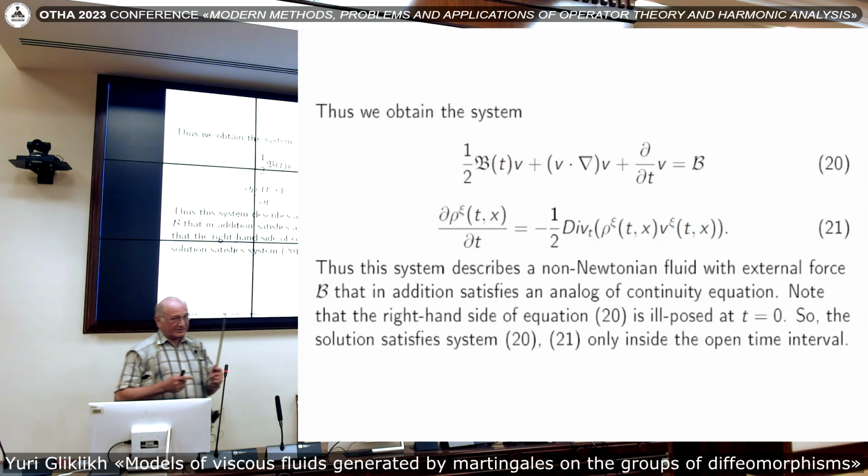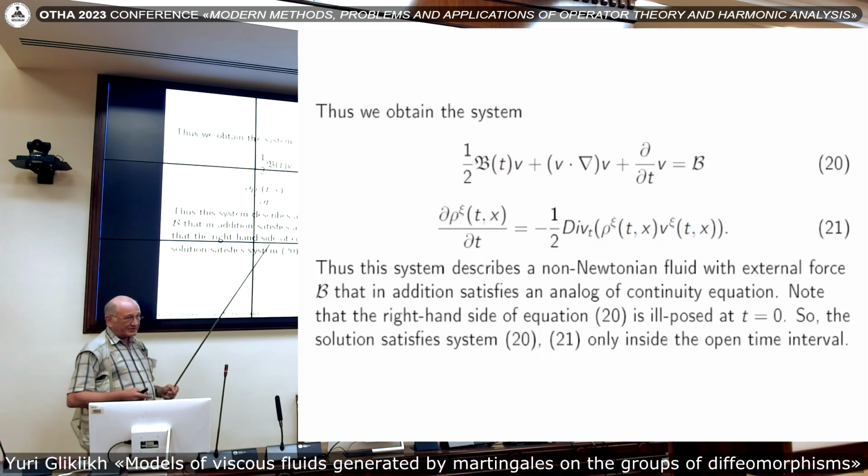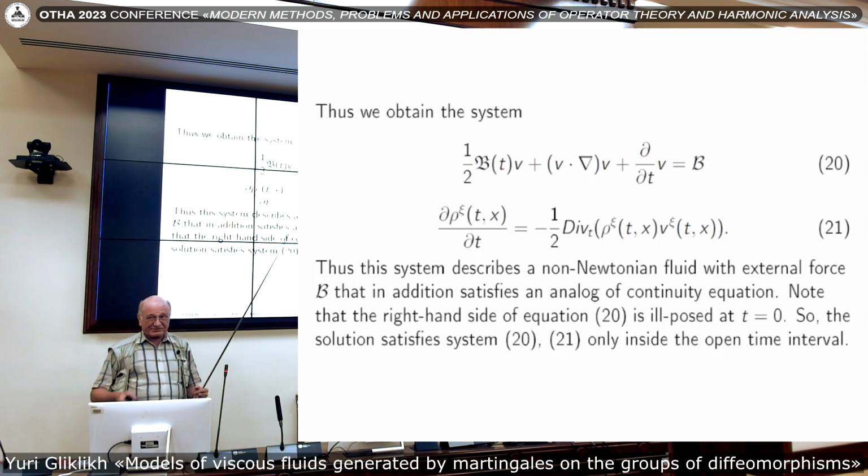But if we consider two different points, t01 and t02, then from the greater of them, they coincide. And so we really obtain some models of viscous fluids that exist since they are constructed from finite dimensional processes, Markov processes, that do exist. Thank you.